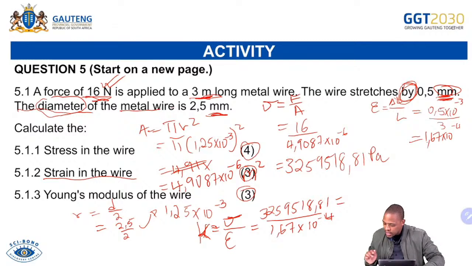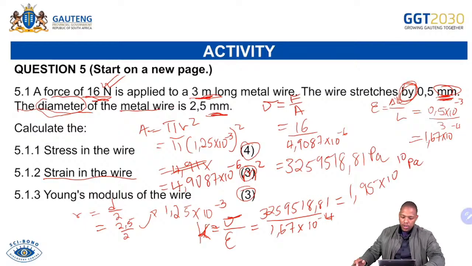And what are we getting there? We are getting 1.95 times 10 to the power of 10 pascals. Because like the stress, the SI unit of Young's modulus is pascals.